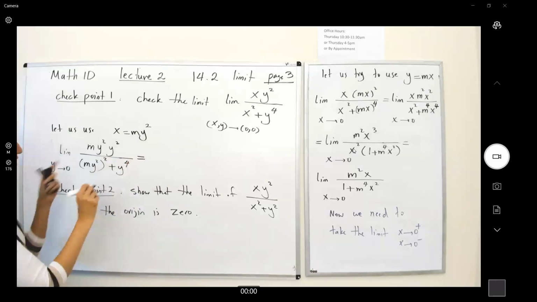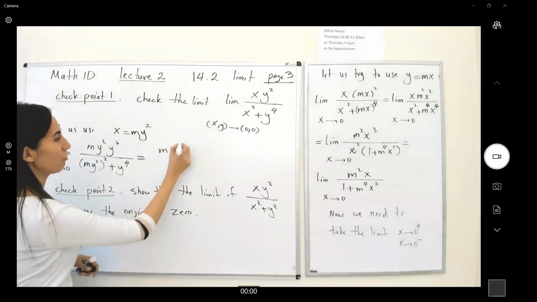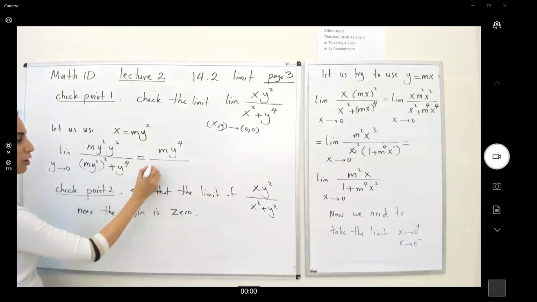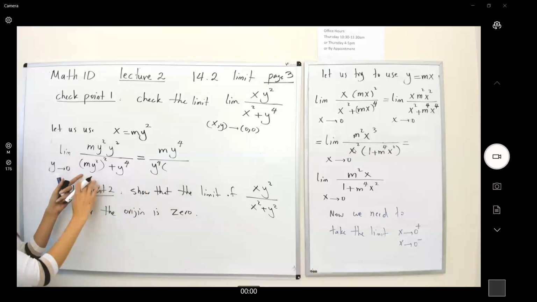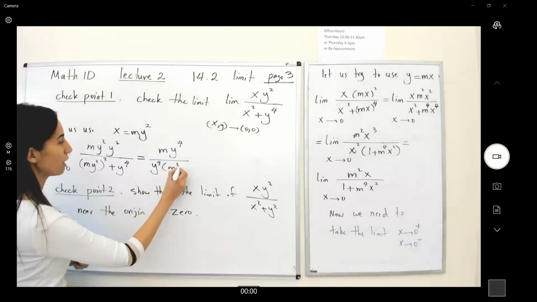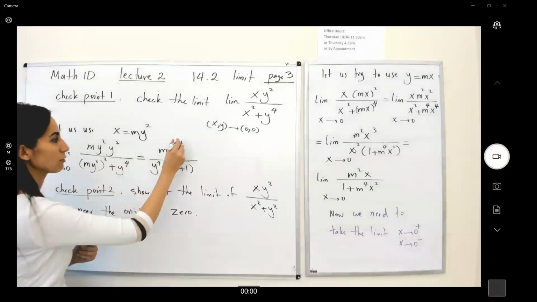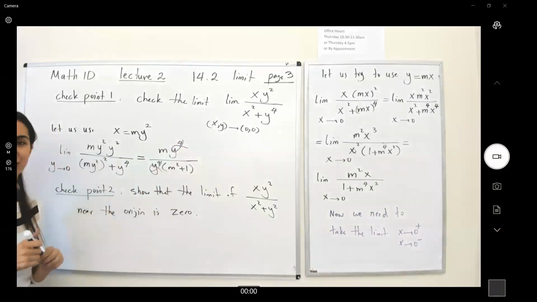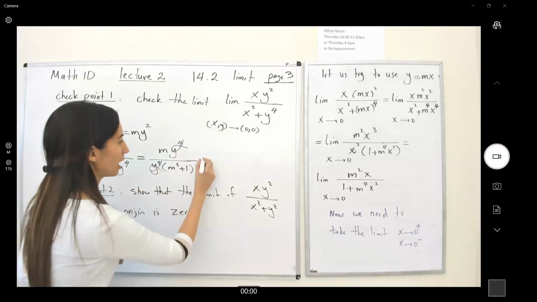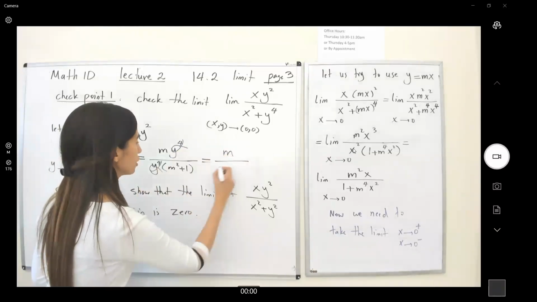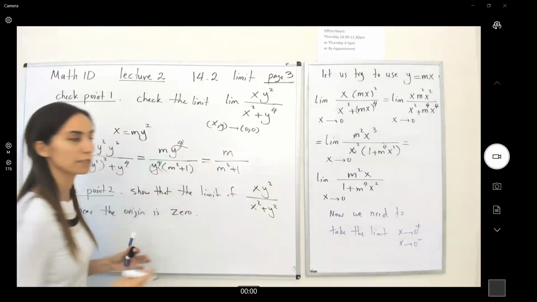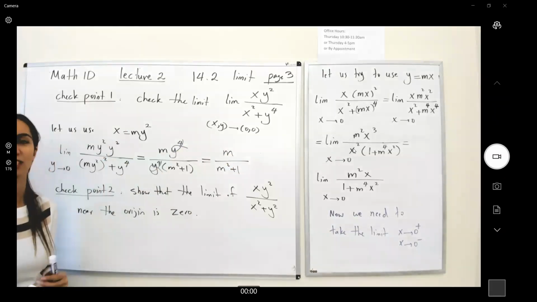Let us simplify this. You get m y to the fourth divided by y to the fourth, and inside parentheses, you get m squared plus 1. You can simplify this, y to the fourth over y to the fourth. So as you can see, the final answer, m divided by m squared plus 1, depends on m, so the limit doesn't exist.